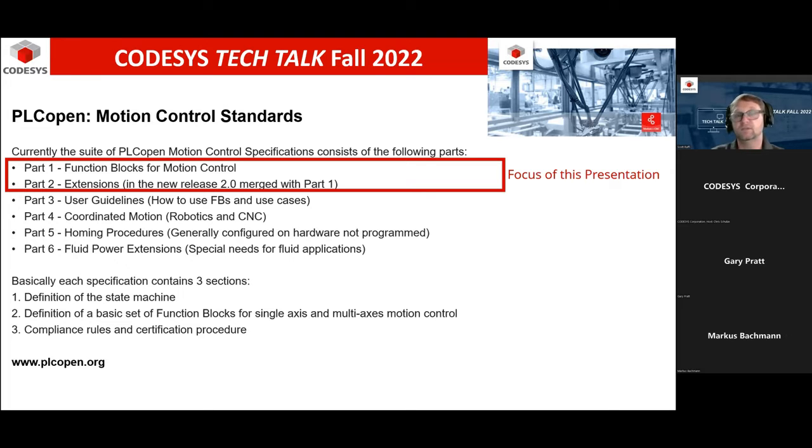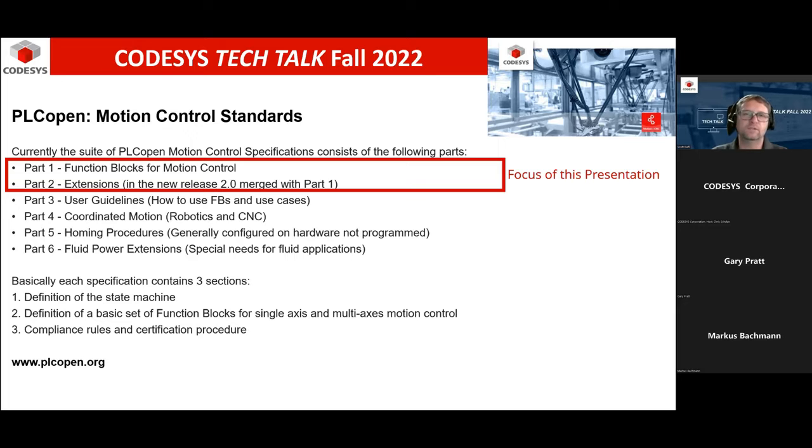It's really good to go there and take a peek, see the blocks, and they have blocks that pertain to what you would see within CODESYS. Later, part 4 came out, which was the robotics and CNC part of it. Then to follow was the homing procedures, part 5 of the published papers. And again, these are all published papers for the most part.